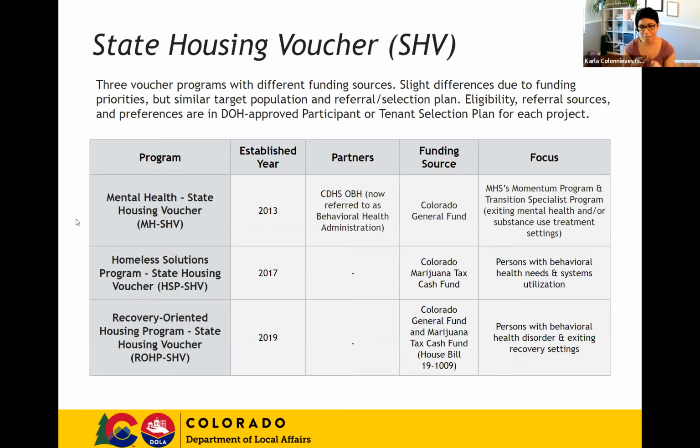We always see a different acronym before the SHV acronym, but they really do operate pretty much the same. No matter which SHV someone has, the eligibility, the referral sources, and the preferences will all be articulated in the participant or tenant selection plan for that project with the SHV allocation. Next slide.